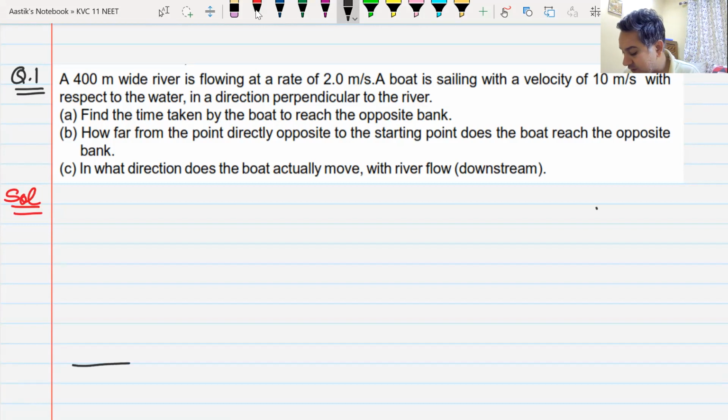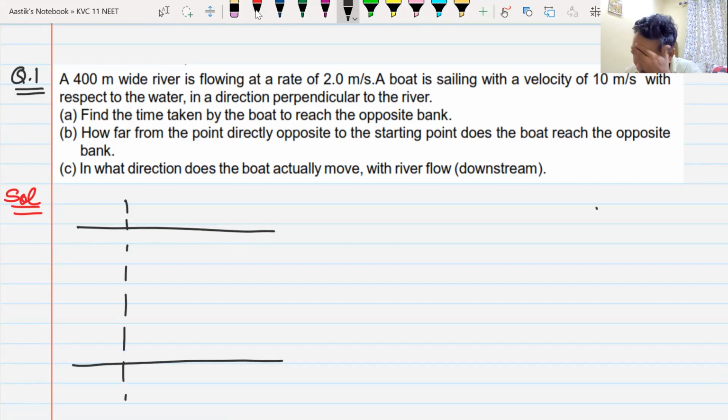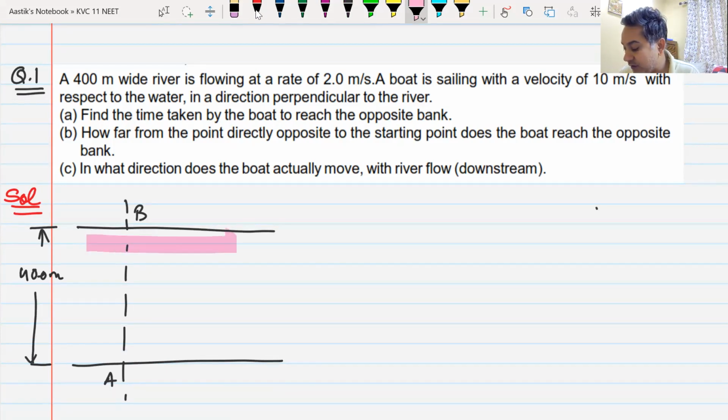First of all, you may not need to draw the diagram. This is how it moves. This is point A, this is point B. This is given as 400 meters. The river is flowing like this with a velocity u.